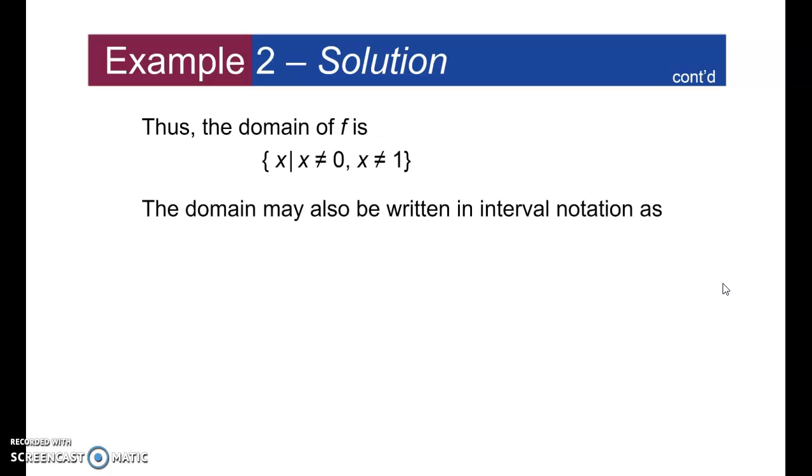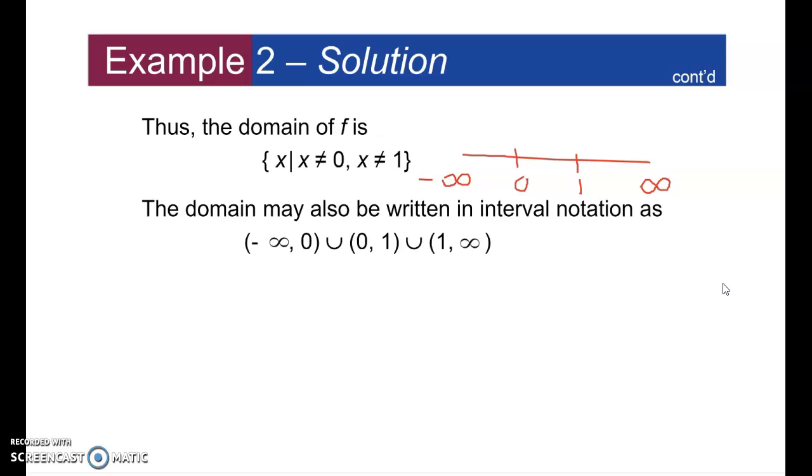We can also write it using interval notation. That would be everything from negative infinity to 0, not including 0, everything from 0 to 1, not including either endpoint, and everything from 1 to infinity, not including 1. So you notice I use parentheses with all of these values in my restricted domain.